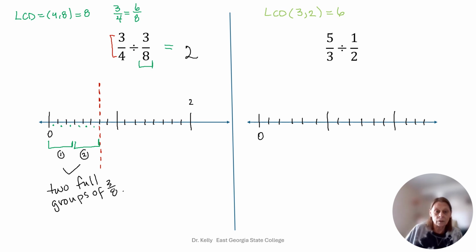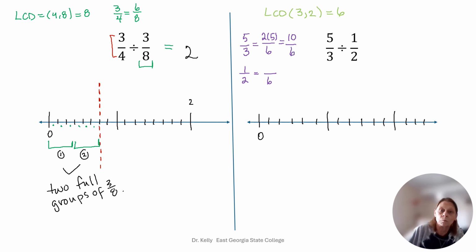All right. So we also need to convert our numbers over, because neither one of them is in the same units. We've got to convert both of them over to sixths. Okay, so 3 times 2 is equal to 6, so we'll have 2 times 5, which is 10/6.